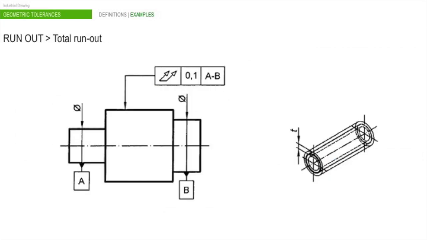Total run-out controls the entire surface simultaneously, hence it controls cumulative variations in circularity, coaxiality, straightness, taper, angularity, and profile of a surface.